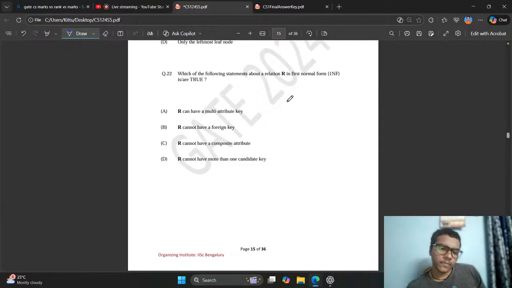Relations in first normal form. Okay, 1 and f. R cannot have more than one key. R cannot have a composite attribute is true.